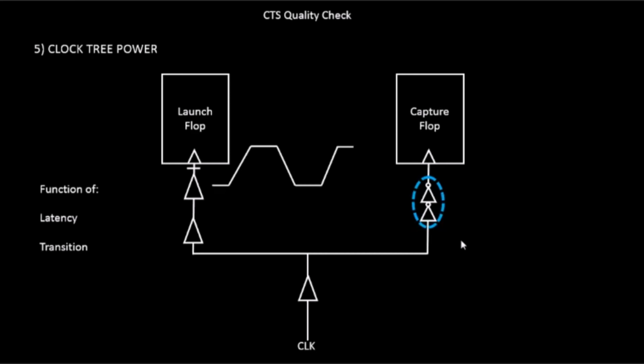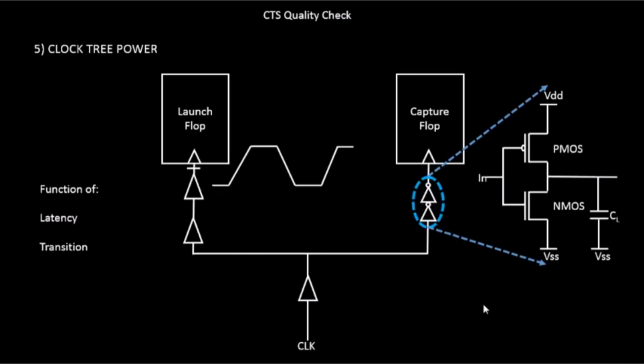So let us try to look into the basic characteristics of this small inverter. I should have expanded it only for this inverter, but let us look into the buffer as a whole, and the inverter as a single element over here.